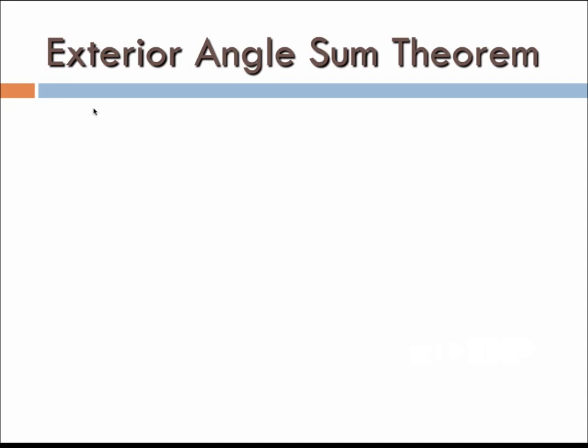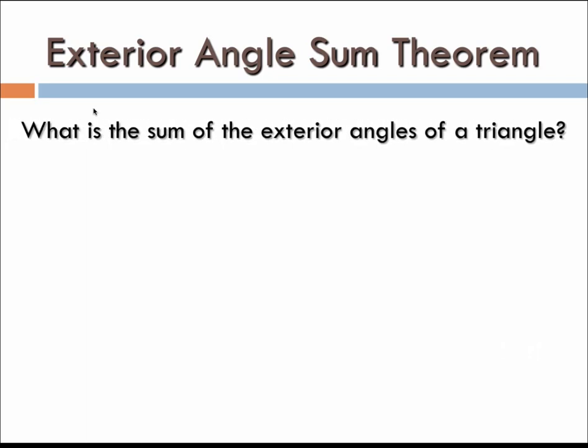Not supplementary. It's got to be more than that. Yes, it's an angle that forms a linear pair with an interior angle in a polygon. It can't just be supplementary because it could be anywhere. It's got to be a linear pair, right next to it. Okay, so we just did that. Good, step ahead of the game.